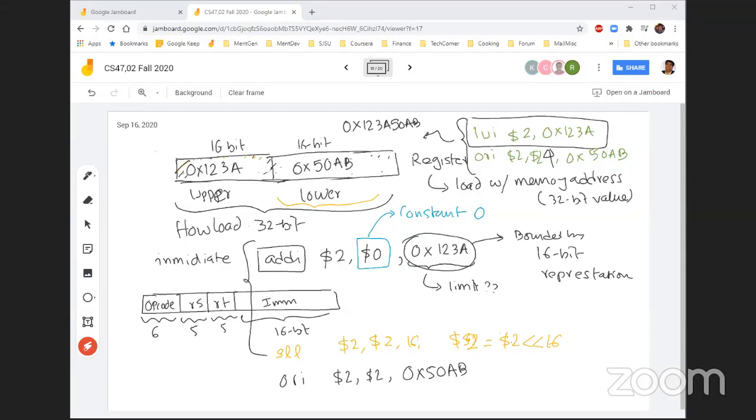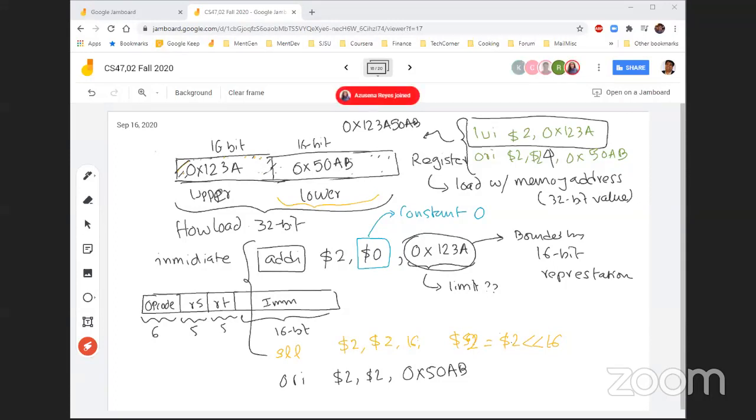So this one will target a specific register. Let's say this is the $2 register. It will put that 16-bit value onto the higher bits and reset all the lower bits.